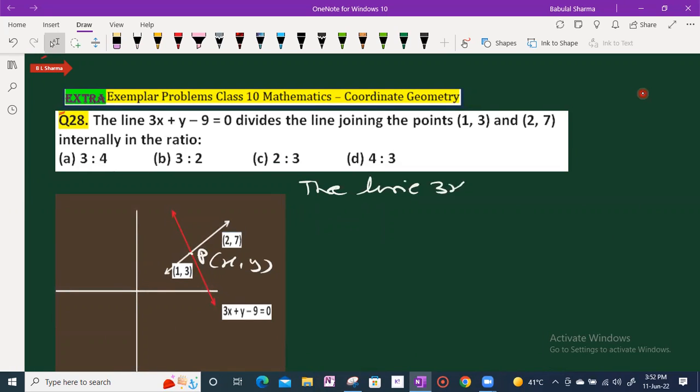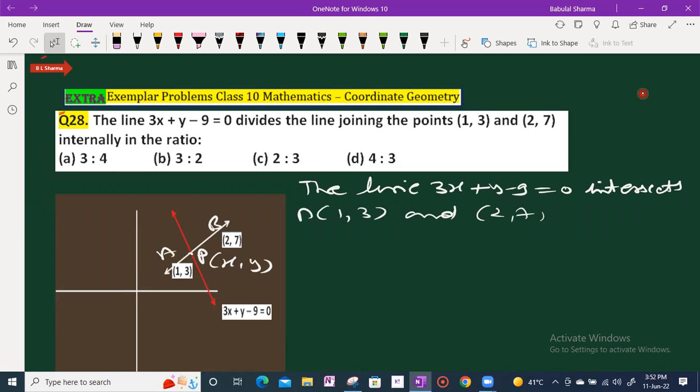So we can write: let the line 3x plus y minus 9 is equal to 0 intersect the line segment joining 1, 3 and 2, 7, which is AB, in the ratio k is to 1.